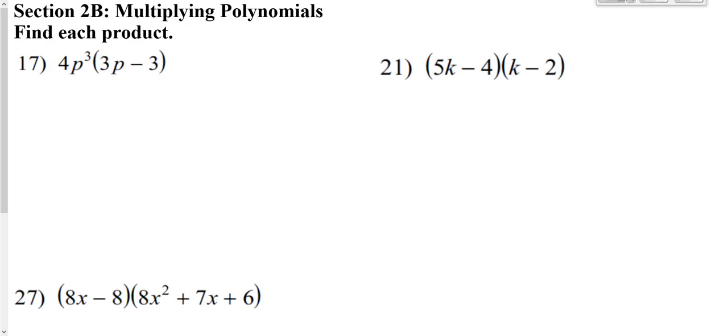Now, looking at this problem, it's really a multiplication here. I only have one thing in front times 2 things on the inside. So I need to take and distribute this through. So if I take the 4p cubed times my 3p, I get a 12p to the 4th. And then I would need to take my 4p cubed times my minus 3, which would be then a negative 12p cubed.